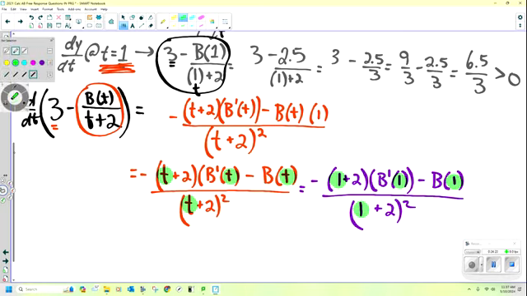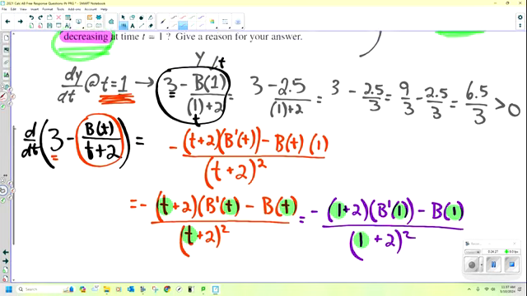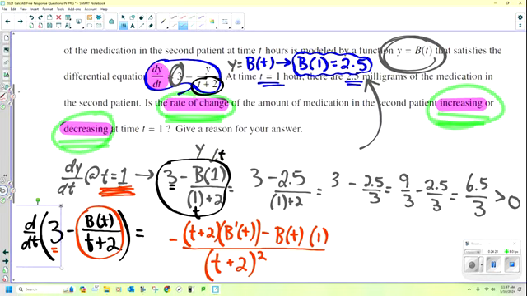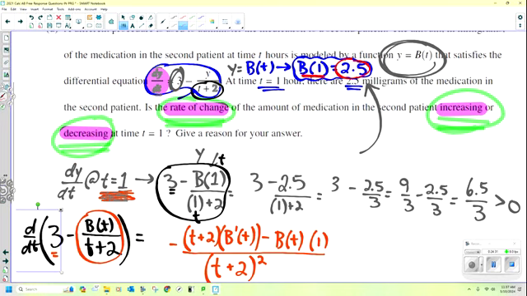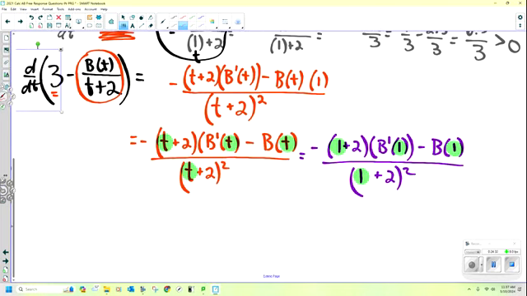Well, the good news is we know b of 1 is 2.5. So right here, this is 2.5. I know 1 plus 2, well, that's 3.